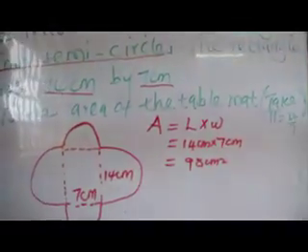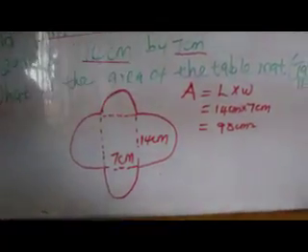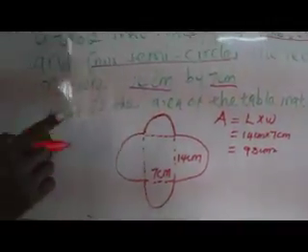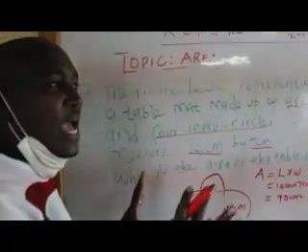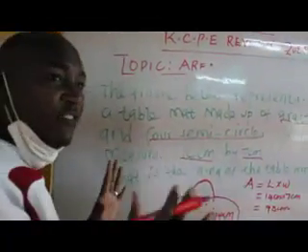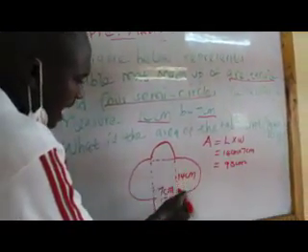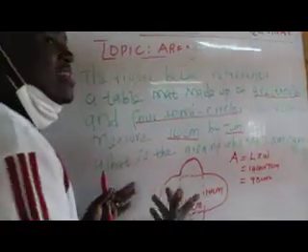From there, we go to the other shapes. The other shapes we are told are 4 semicircles. But it is very important for us to establish that these 4 semicircles do not have the same diameter. They have different diameters. For example, this one has a diameter of 7 centimeters and this one has a diameter of 14 centimeters. So this one and this one are the same.